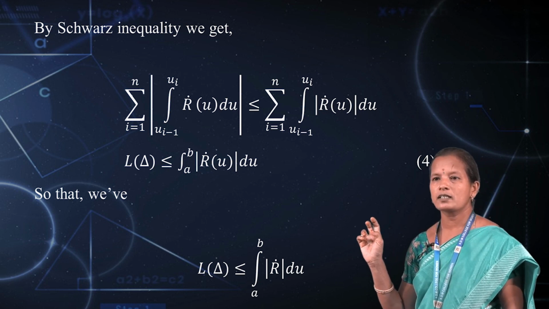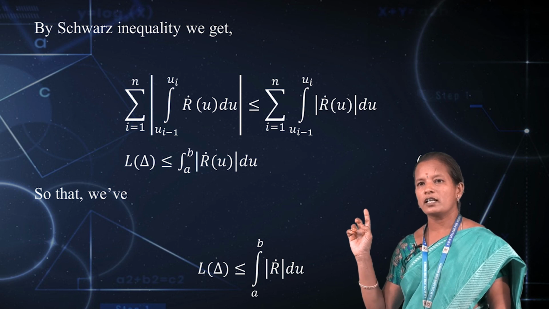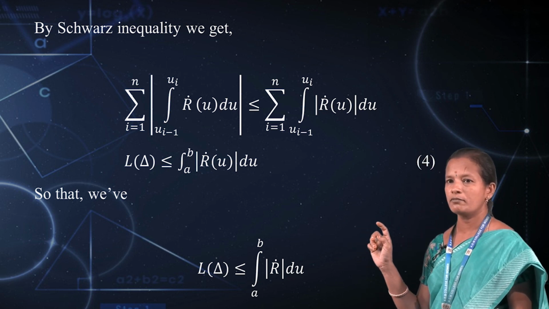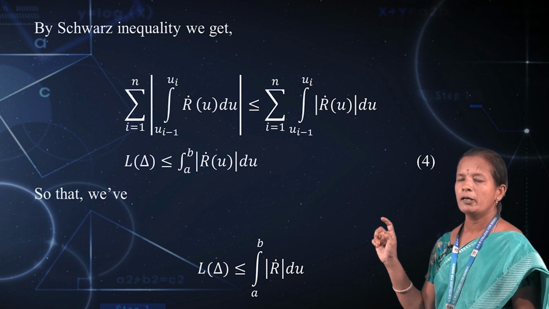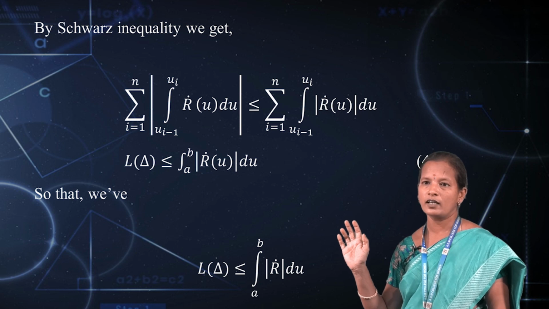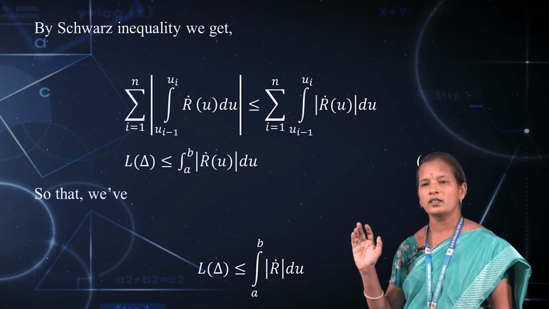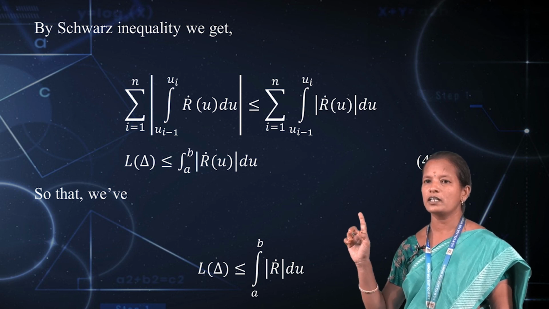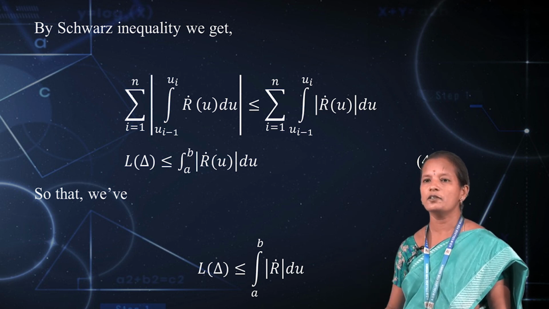So L of delta is less than or equal to the integral of modulus r dot of u du. R dot of u is simply denoted by r dot. So L of delta is less than or equal to the integral of modulus r dot du.